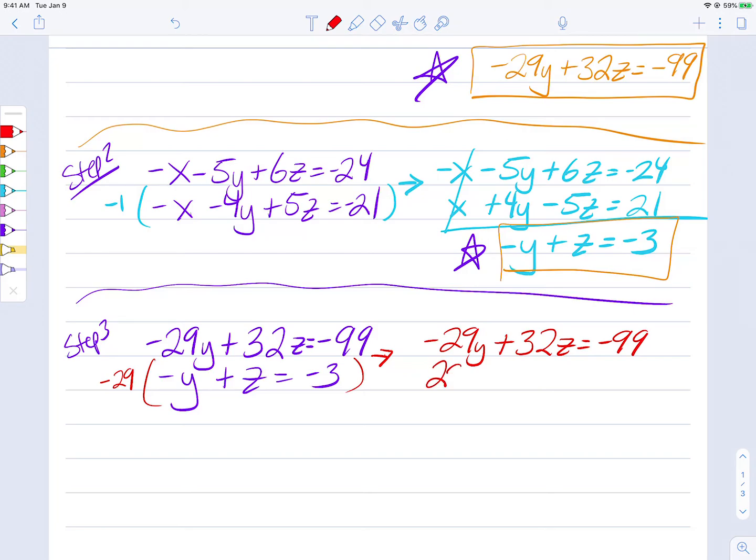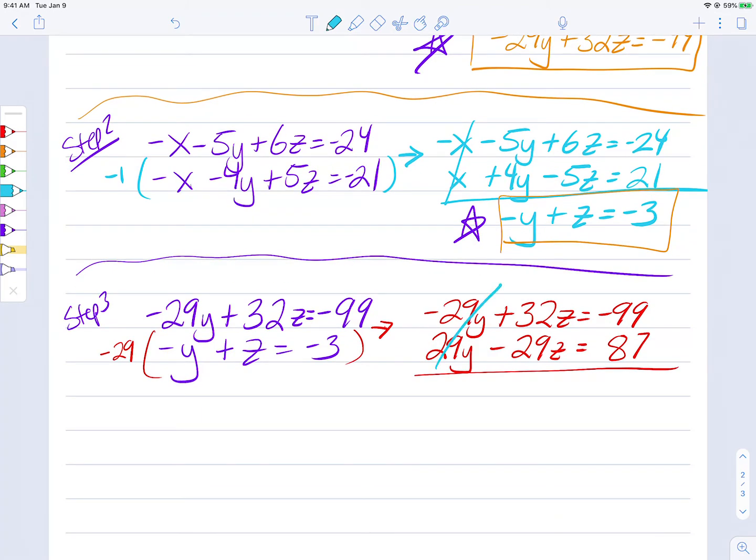So that becomes a positive 29y minus 29z equals, and 29 times 3 is 87, and a negative times a negative is a positive. Try not to make any of my same mistakes. So y's are gone. 32 minus 29 is a 3z, and negative 99 plus 87 is a negative 12.